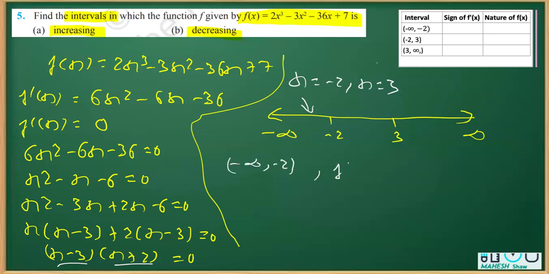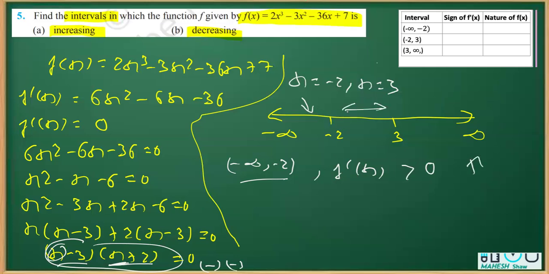If I place a value in between, like minus 3, on f dash x, we get minus 3, which gives minus 6 times, and minus 3 plus 2 is minus 1. So we are going to get a negative value here, negative and negative, that is positive. So f dash x is greater than 0, and we'll say that the function is increasing in this interval.